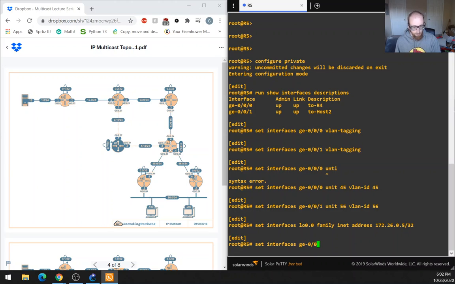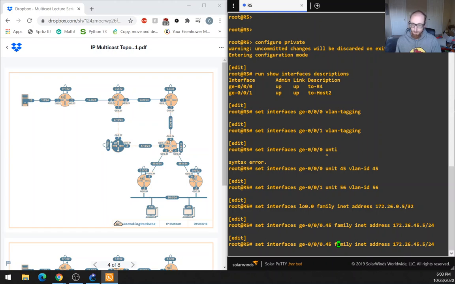So we'll start with the IP address to router 4. Okay, and then to the host. Looks good to me.